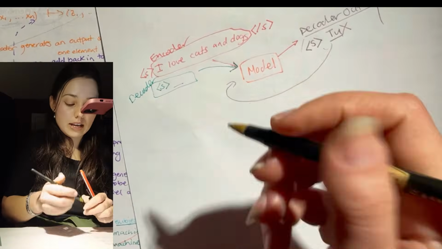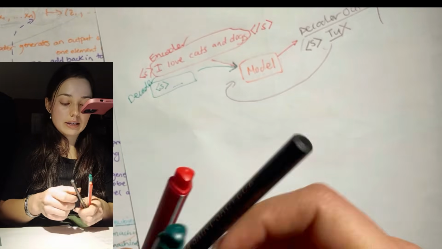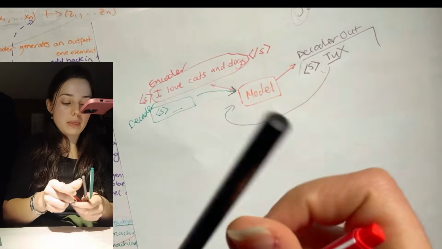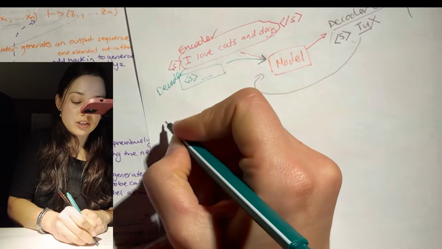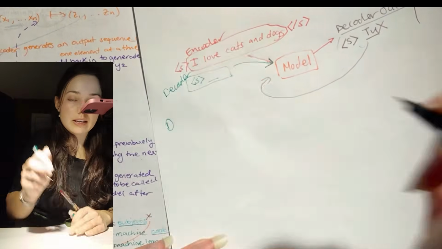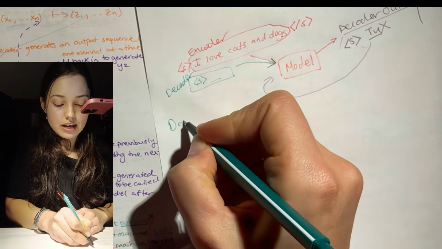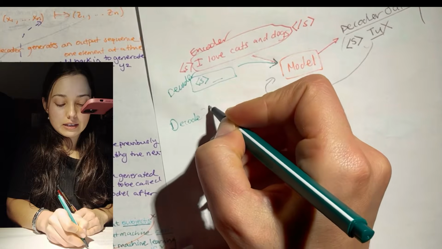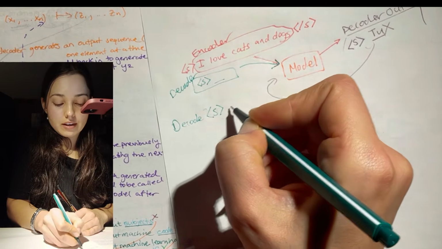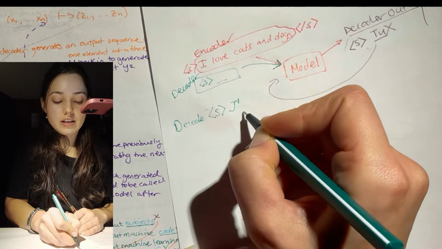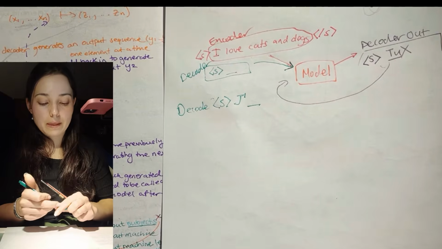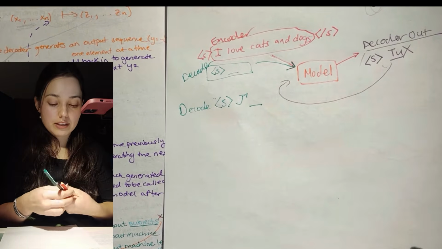So the second time we send, again, the same encoder, but this time the decoder changes and everything gets shifted. So now the decoder is going to be the new line character, and then it's going to be this je, and then something blank. And then it's trying to predict what the next one is.